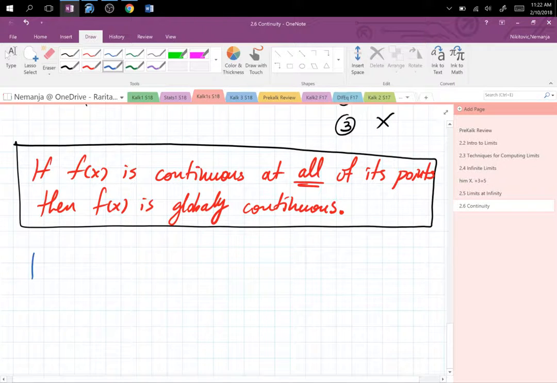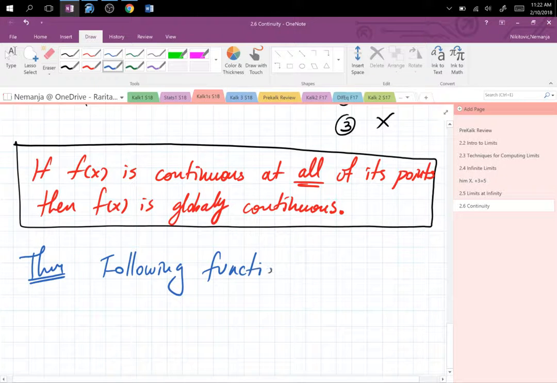And the theorem states, the following functions are globally continuous. Number 1, all polynomials.